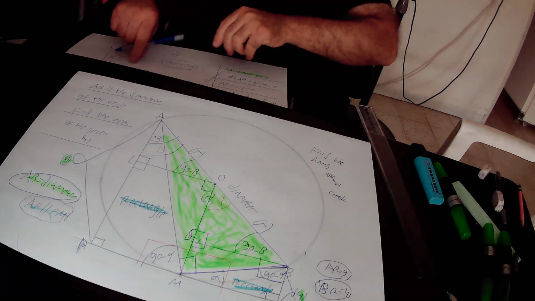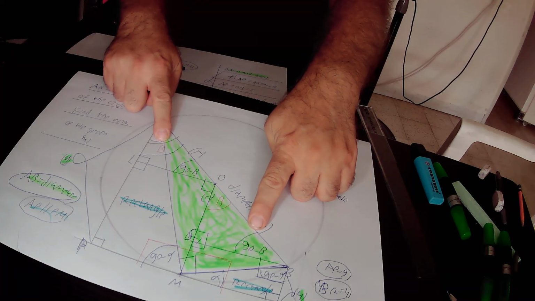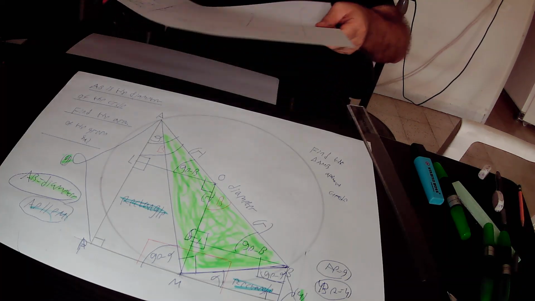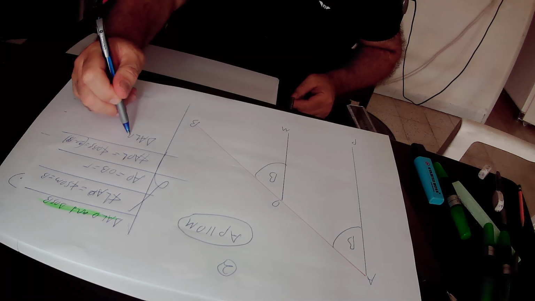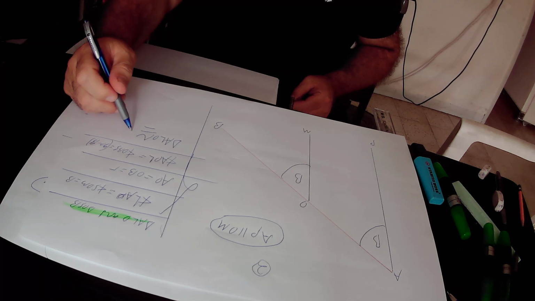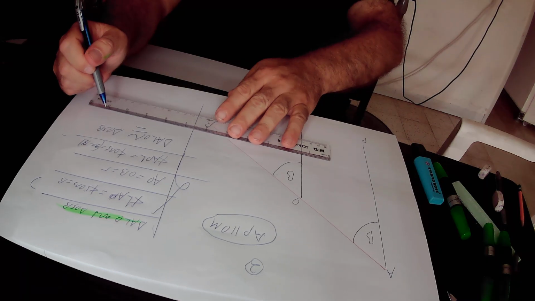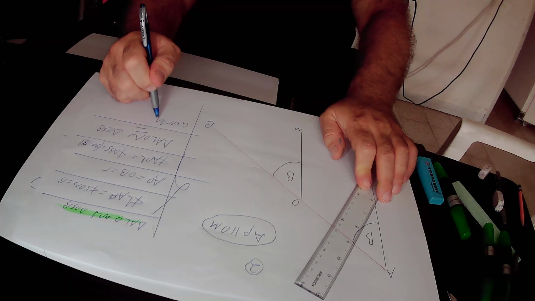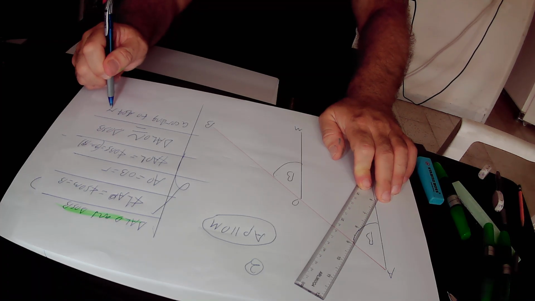So we should prove that those two right triangles can go into each other according to the angle-side-angle rule. As you know, we should prove that the right triangle ALO is congruent, this is the sign of congruent, to the right triangle OSB according to the angle-side-angle rule.